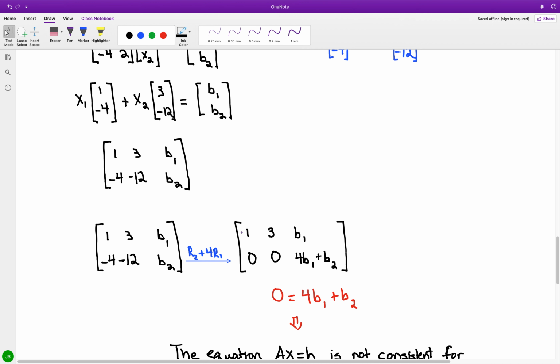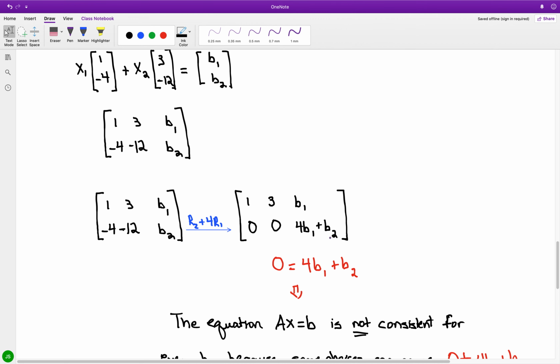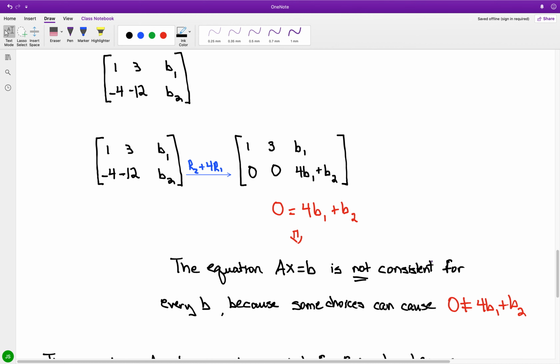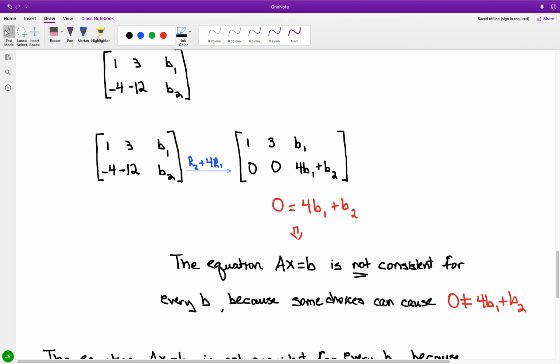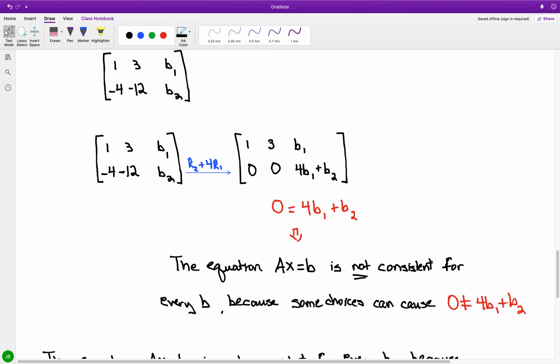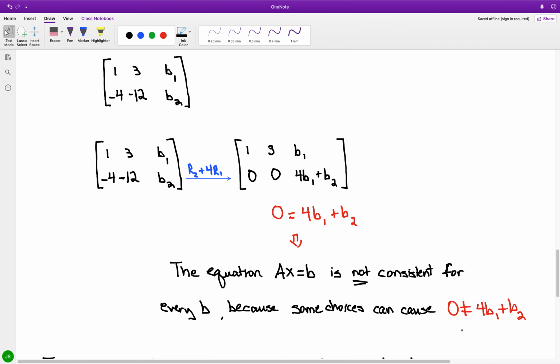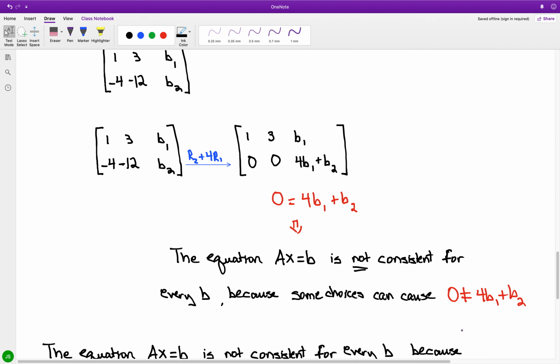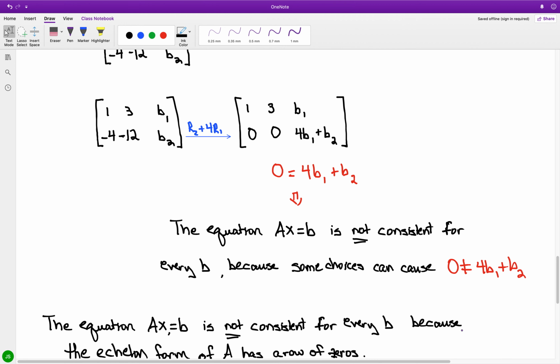We still have 1, 3, b1, since I did not apply any treatment to the top row, but for the second, we'll end up with -4 plus 4, -12 plus 12, and for b2 we're going to have 4 b1 added. If you notice, we have 0 equal to 4 b1 plus b2, and now the equation Ax equals b is not consistent for every b, because some choices can cause 0 to not be equal to 4 b1 plus b2.